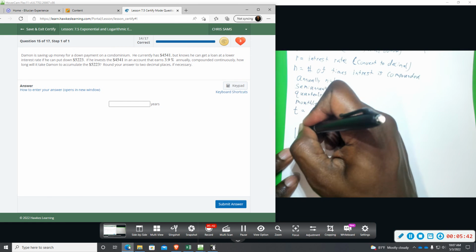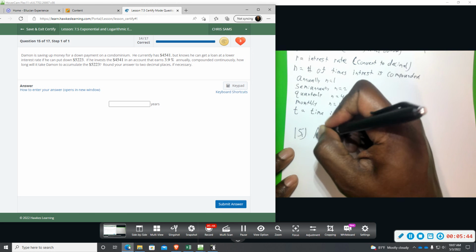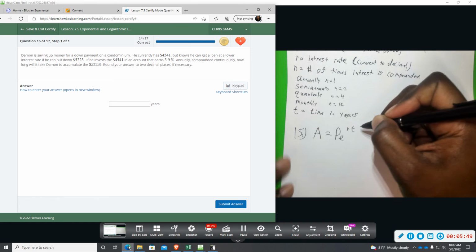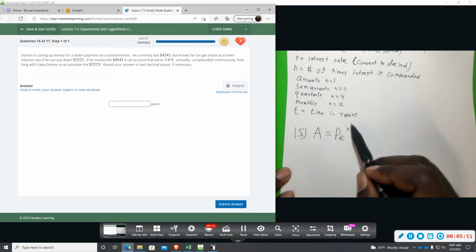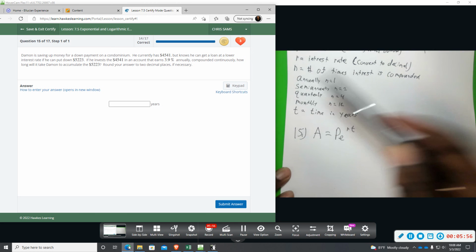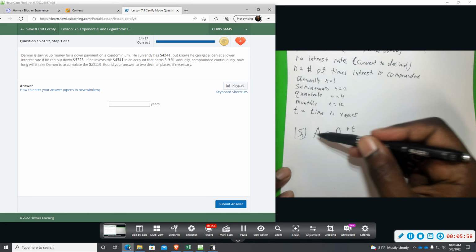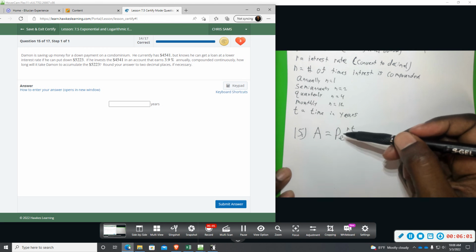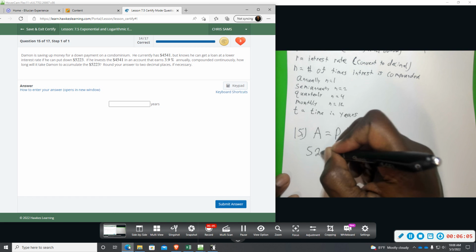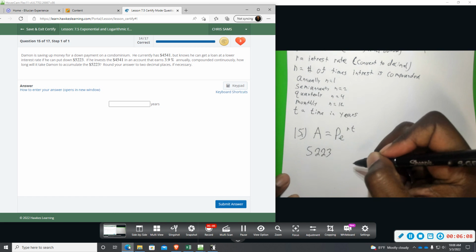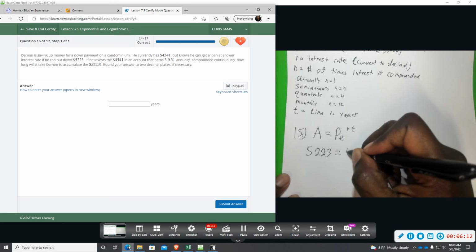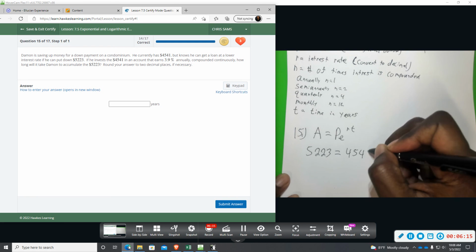So 15, now that we have all the notes that we need. A equals P E R T. Now R is still interest rate, T is still time in years from up above here, R and T. E is just the exponential, so we need to plug in the others. So we know that he wants to have $5,223 by the end. We know that he is starting with 4,541.